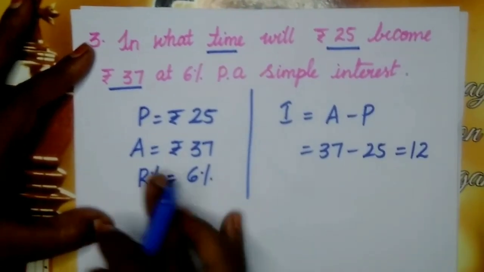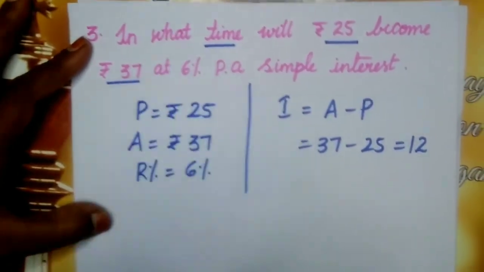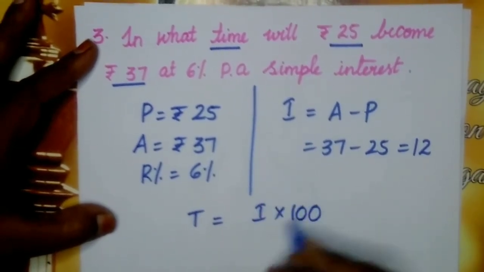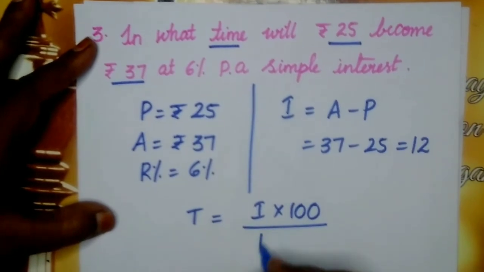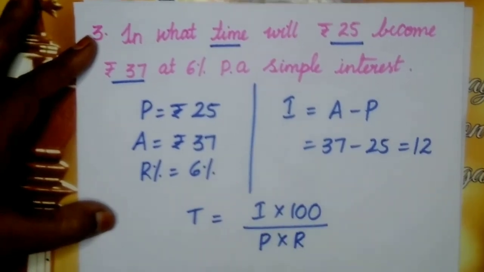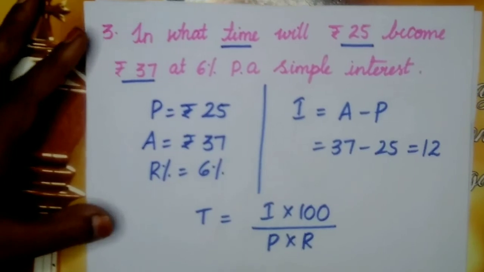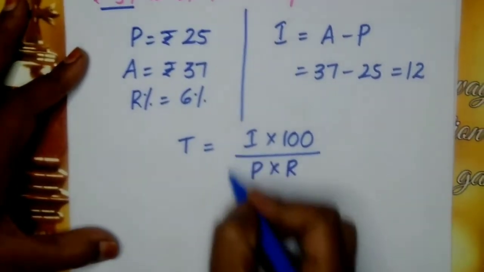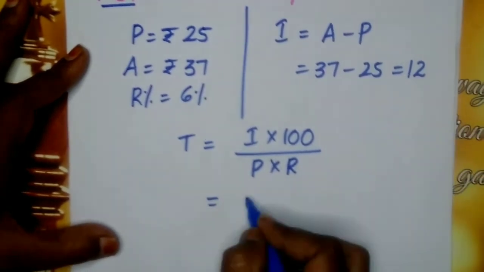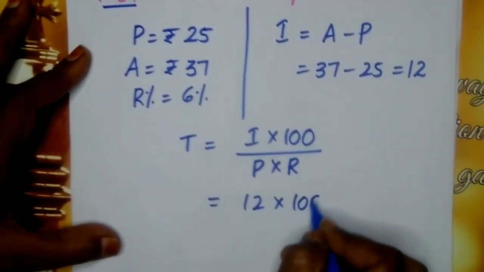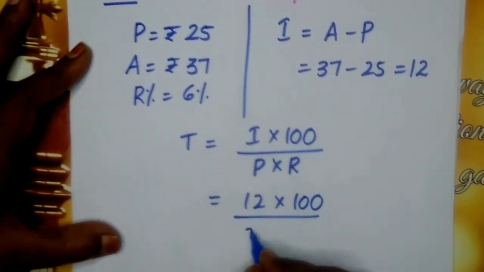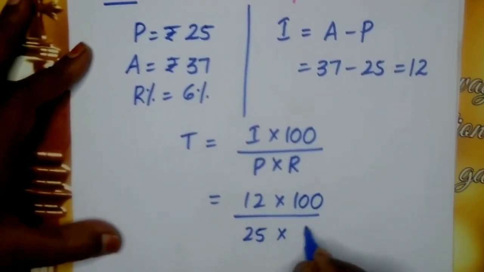Now we are going to calculate the time. Time equals I into 100 by P into R. Let us substitute the values given in the data. I is 12, into 100, by P into R, that means 25 into R, which is 6.